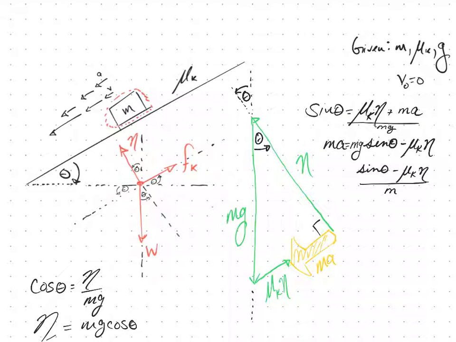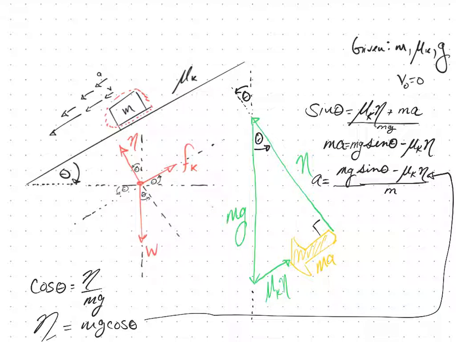And then I'll fix the next step as well. So what I have is a equals mg sine theta, and I'll extend this a little bit. Now I can plug this in here for normal force.